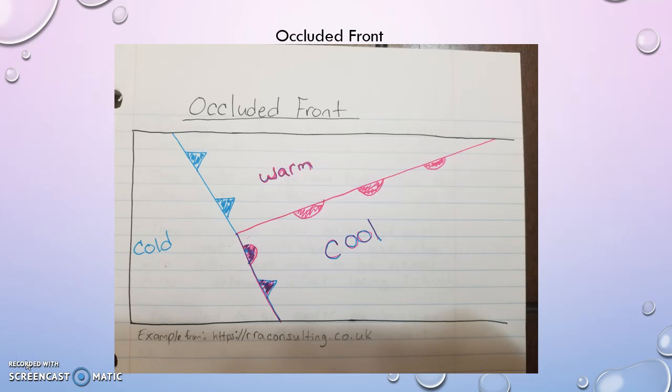You will often see these occluded fronts whenever they are in low atmospheric pressure, and they will end up producing precipitation because of the cumulonimbus or nimbostratus clouds that are present during these fronts.